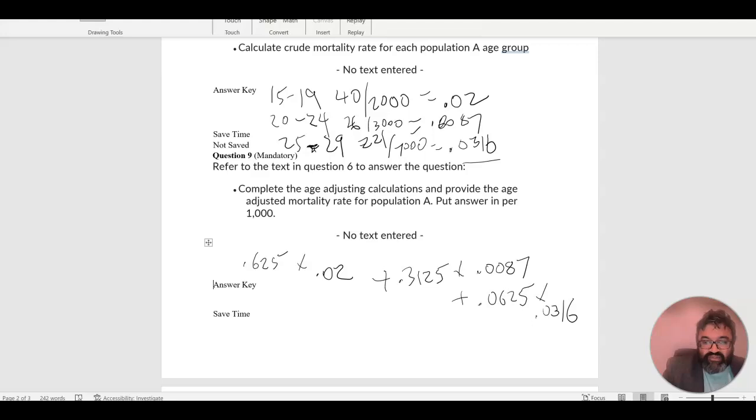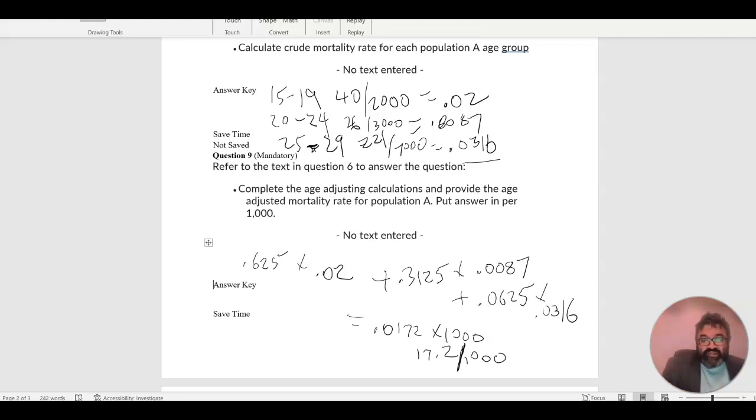Then you add all those numbers together, and you get 0.0172 times 1,000. So the final number is 17.2 divided by 1,000, because that's per 1,000.